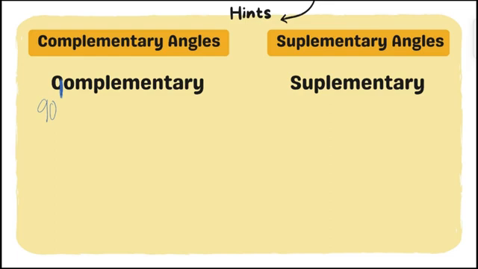Okay, how about supplementary angle? Supplementary angle starts with letter S. Now, kung dudugtungan ulit natin yung letter S, i-connect natin siya, anong napapansin natin? Nagmumukha na siyang number 8.